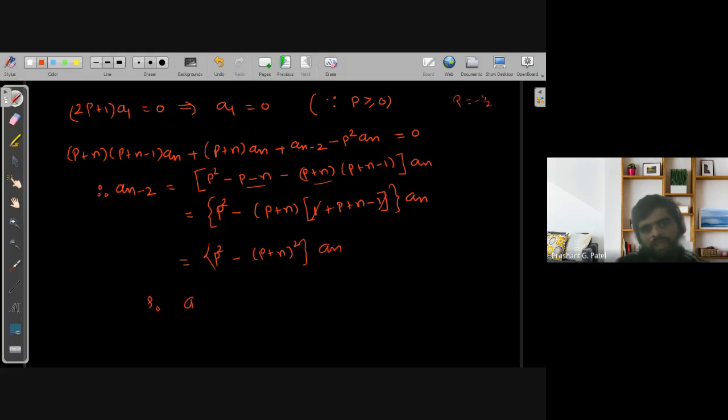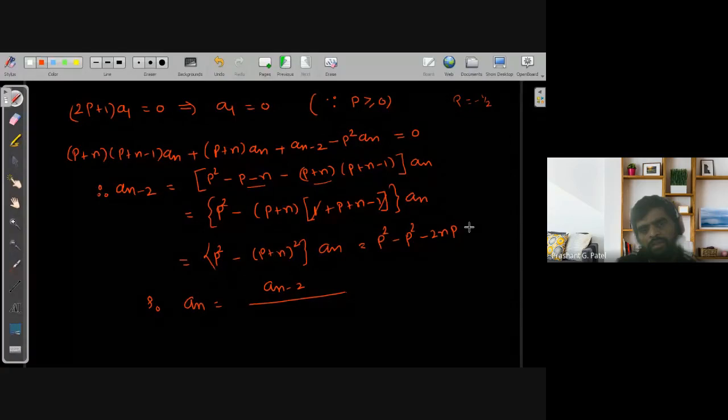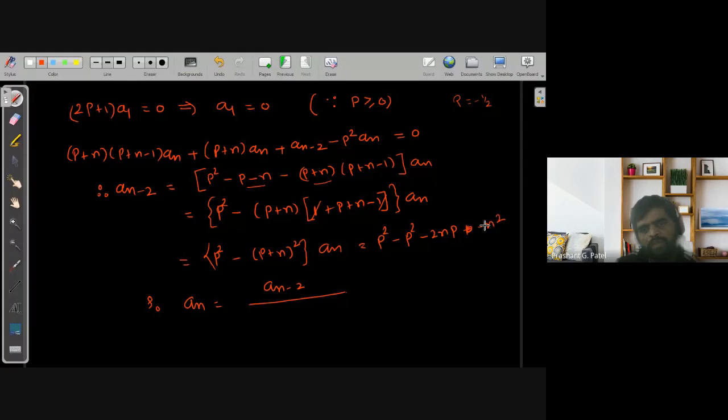Therefore I can write an equal to minus a(n minus 2) upon p square minus 2np minus n square minus p square, so this gets cancelled out. If I take n common from these two, this is minus a(n minus 2) upon n into (2p plus n), where n is greater than or equal to 2.